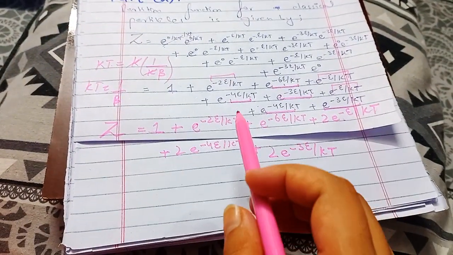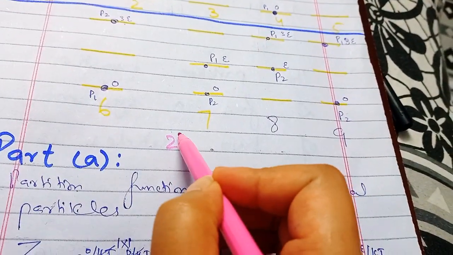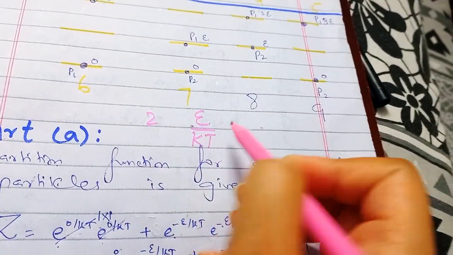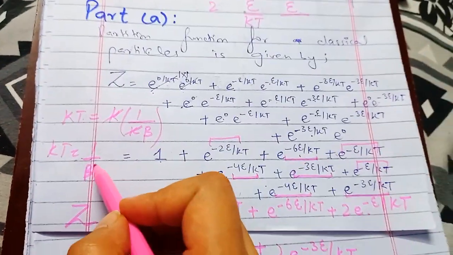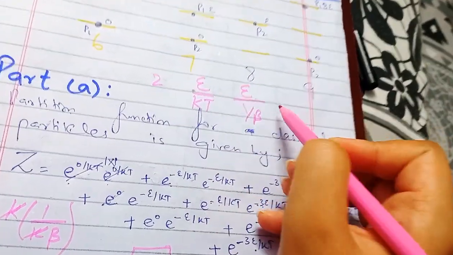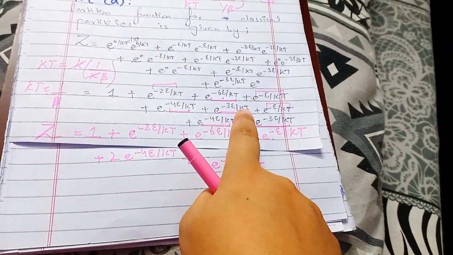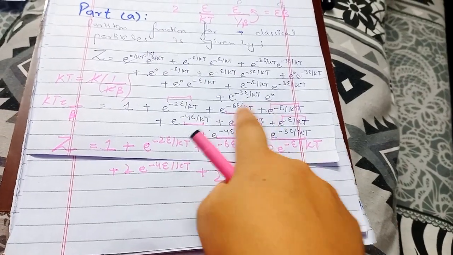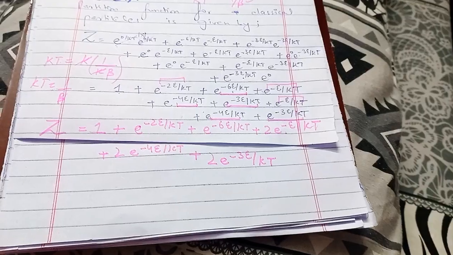So in place of t you will put 1 over beta, and beta will jump into the numerator because it's like e by kt. So e divided by kt is 1 over beta, so beta will come here, so it's e beta. Wherever kt is written, you'll write beta in the numerator in place of kt. Alright, so I hope you got it.